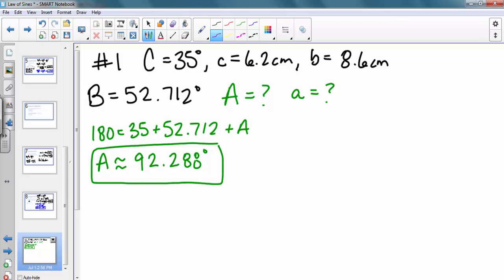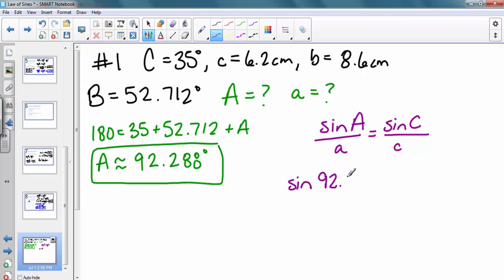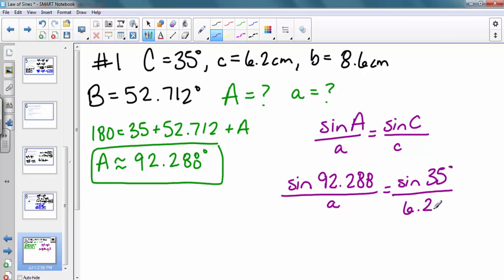Now I'm going to use the law of sines to find my side A. So I have the sine of A over A equals the sine of C over C. So the sine of A, which we just found to be 92.288, over the length of side A equals the sine of 35 degrees over 6.2. And solving for the length of side A, I get approximately 10.8 centimeters.